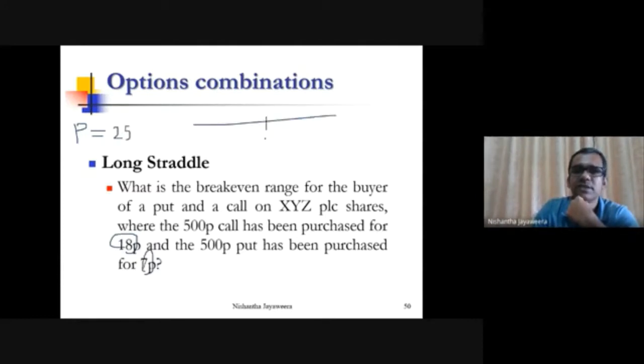So this is the strike, 500 plus 25, 525, and 500 minus 25, 475. So these are the break-even points.